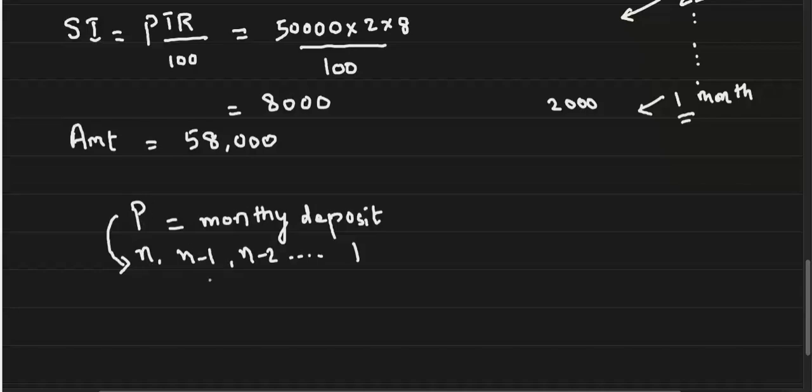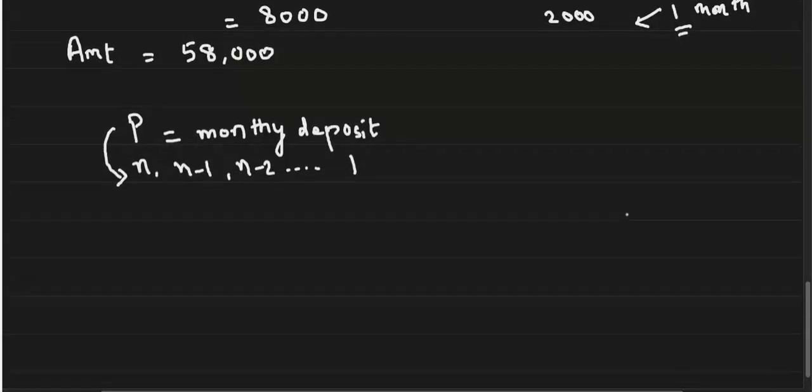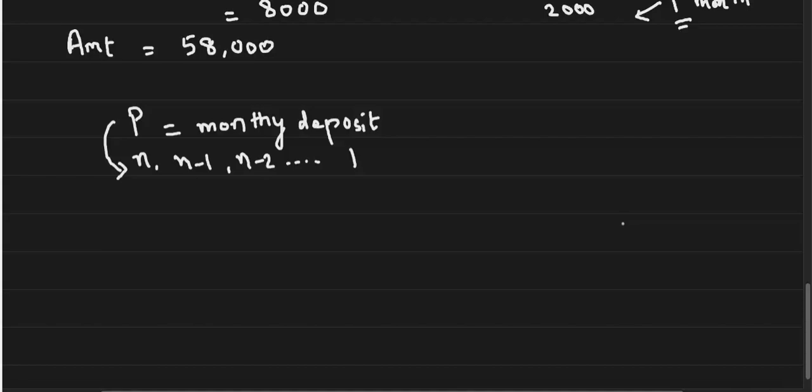Then the second P will get multiplied by N minus 1. This 2000 is getting the 24 month yield, whereas this 2000 gets only 23. So on, this last 2000 gets only 1 month of interest. Similarly, the total deposits are P into N.